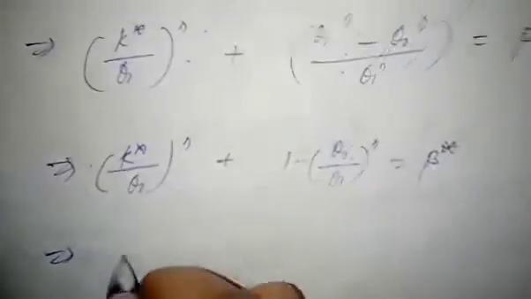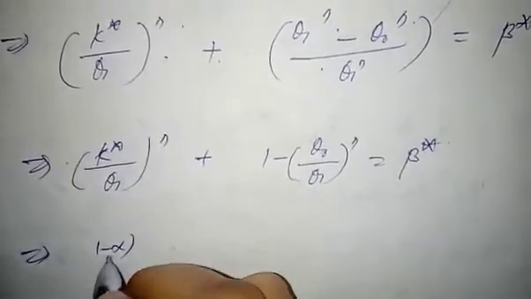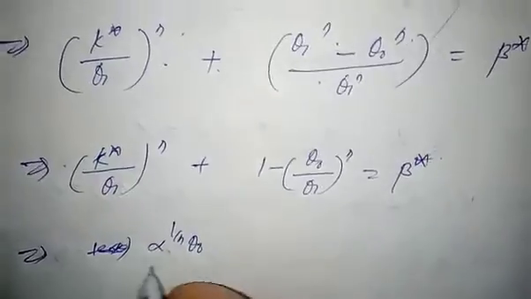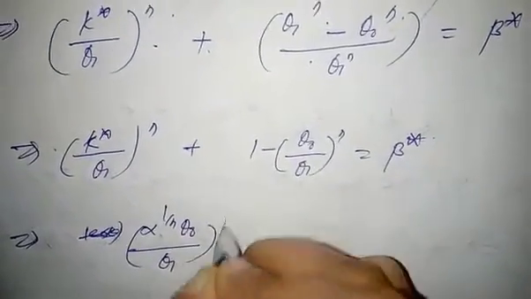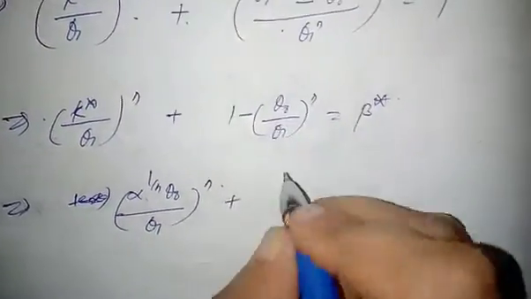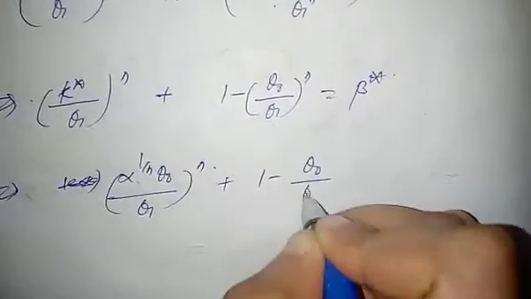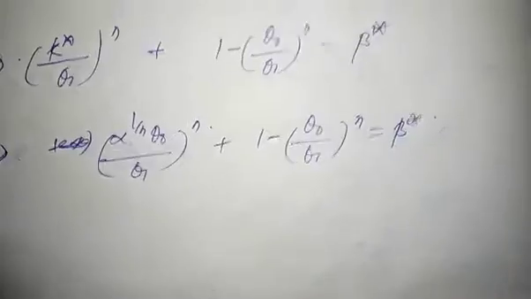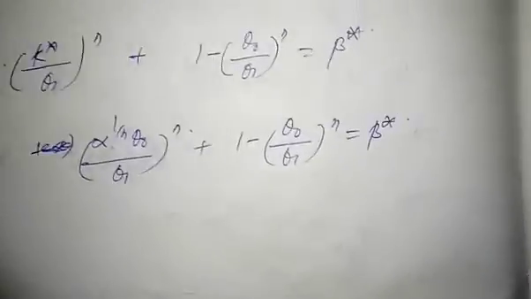So here we will substitute the value of k star, that is alpha power 1 by n theta naught, divided by theta 1, and whole power n, plus 1 minus theta naught divided by theta 1 power n equal to beta star, right?